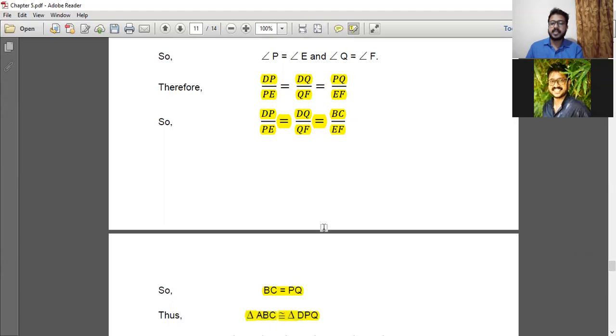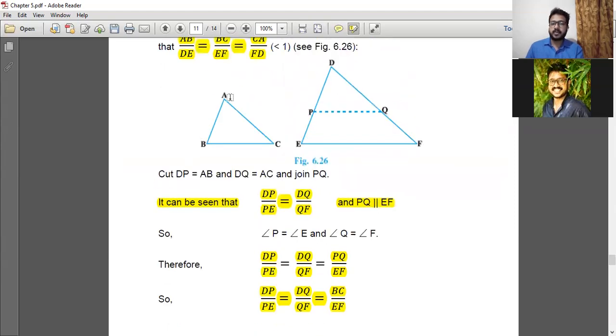Thus, we can say that triangle ABC is congruent to triangle DPQ. You know what the congruency of two triangles means? The sides as well as the angles are also equal. That is what we want to prove.